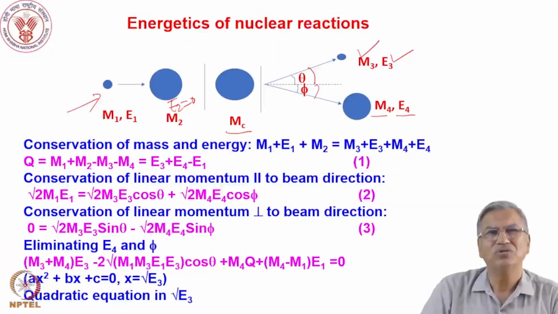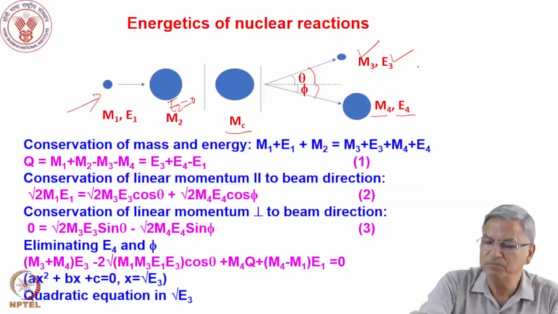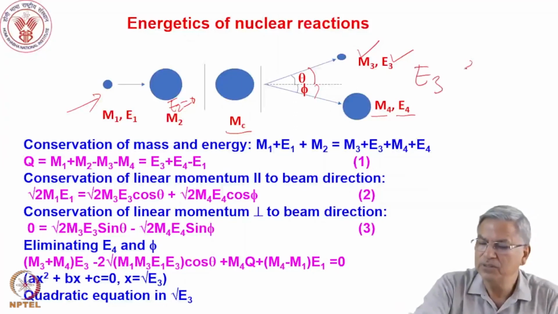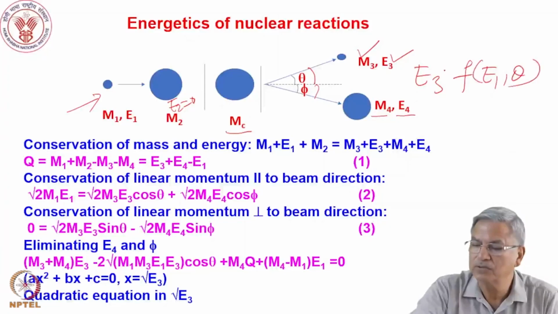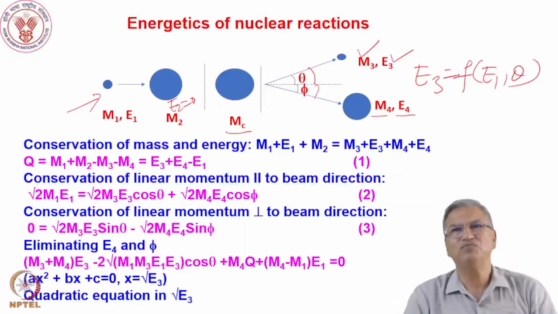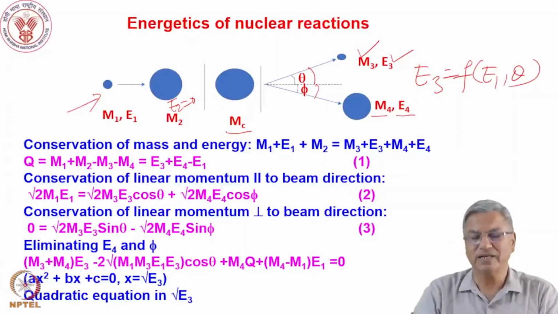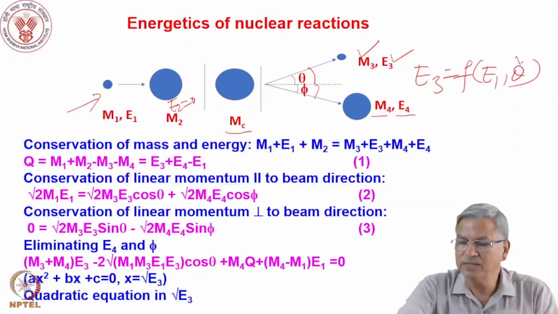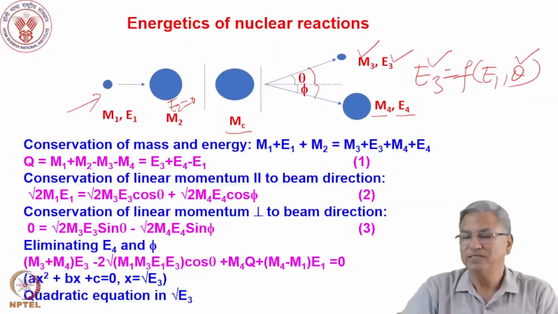So now we use the conservation laws to determine a relationship between E3, as a function of E1 and theta. So that is the problem: if you know the projectile and its energy hitting a target, then at a particular angle theta, what is the energy of the ejectile.